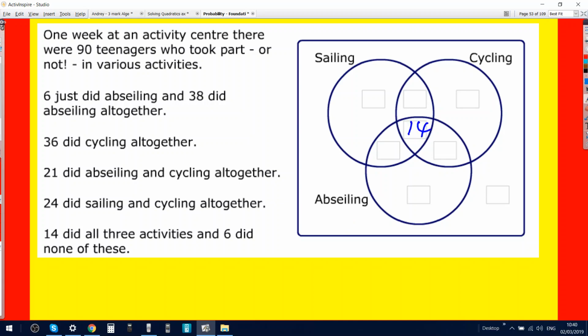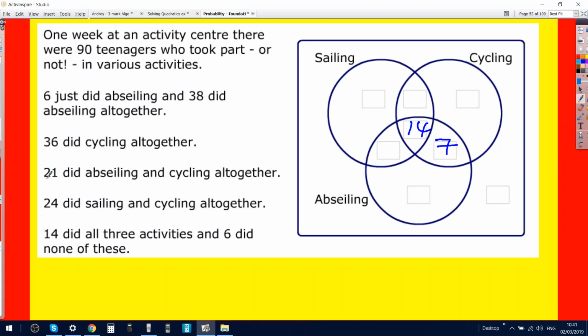So now, what is cycling and abseiling? Is it 7? Yes. And then for abseiling and sailing, would that be 10? Yeah. And then sailing and cycling.